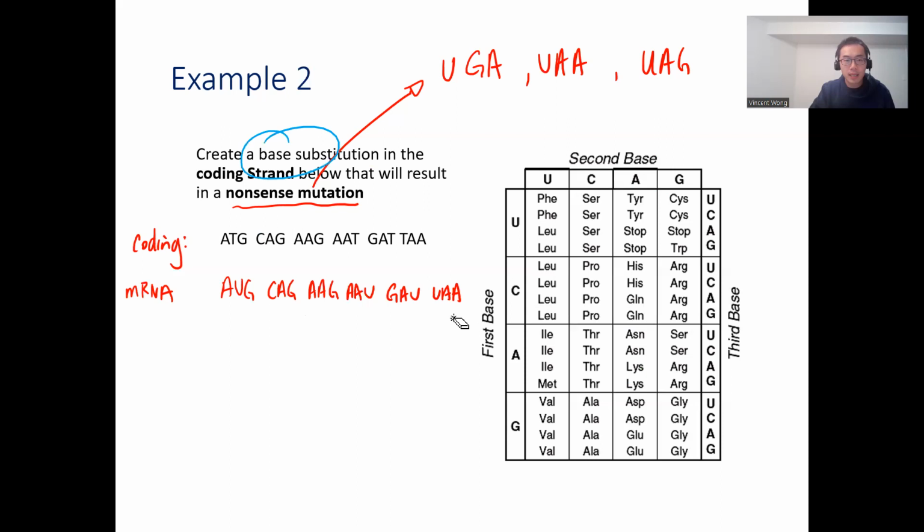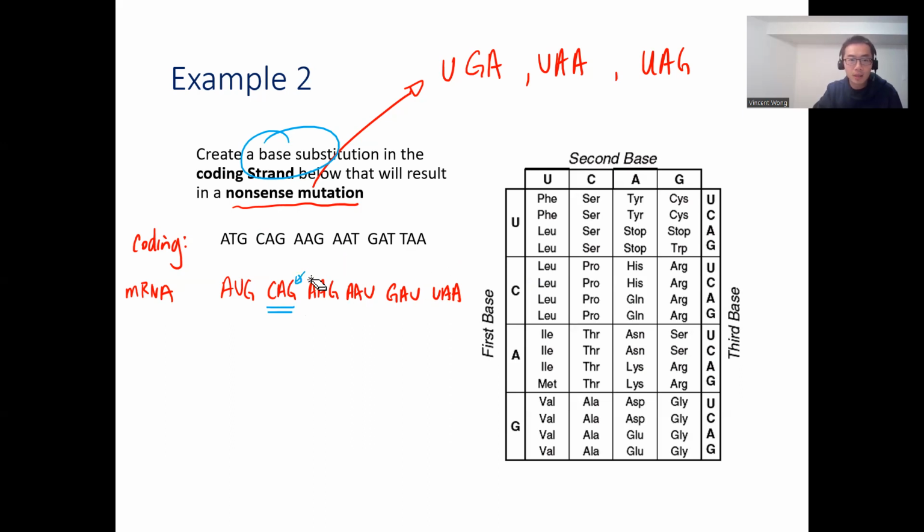Blessing, you said CAG. Okay, I like that. And how are you going to change that? Which nucleotide are you going to change? The C, the A, or the G? The G? You're going to change the G on this one? Okay, what are you going to change it to?